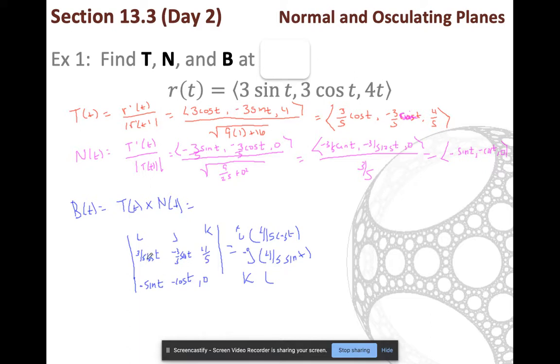And now what's going to happen here? Negative 3/5 cosine squared minus positive.